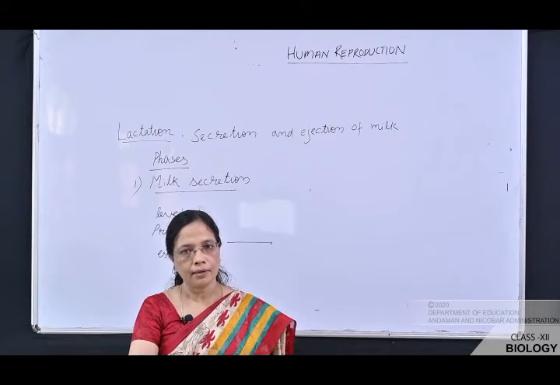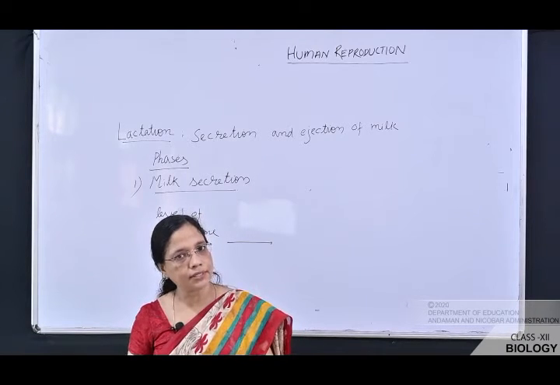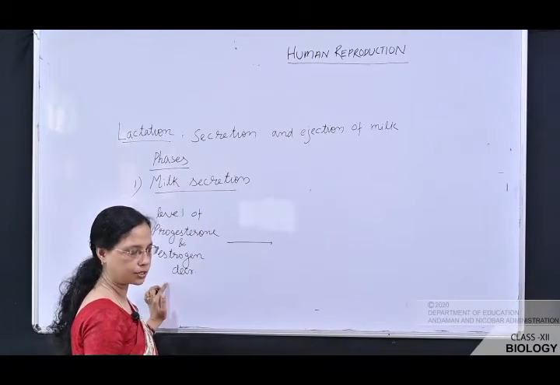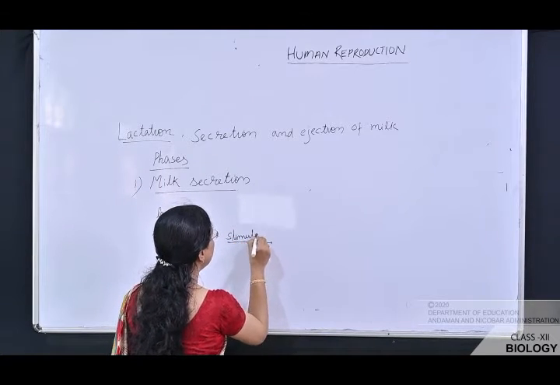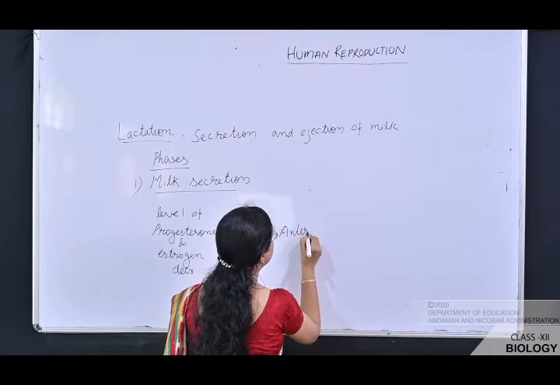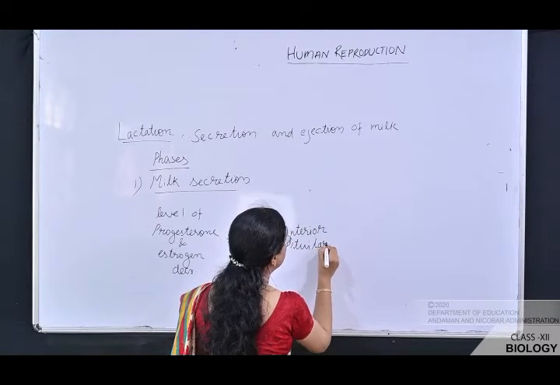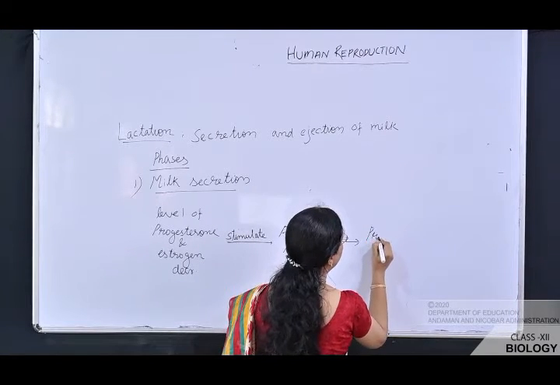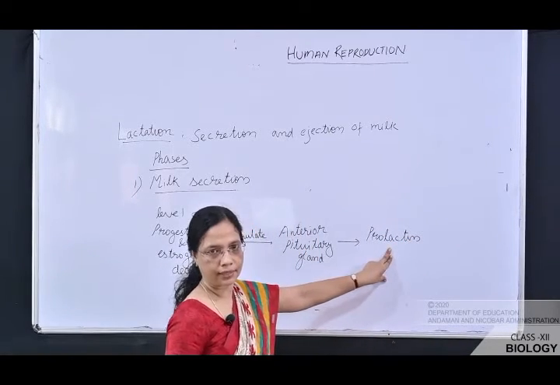That means after birth, when the placenta is expelled out, there is a decrease in the level of progesterone and estrogen. The decreased level of progesterone and estrogen stimulates the anterior pituitary gland, which secretes a hormone called prolactin.